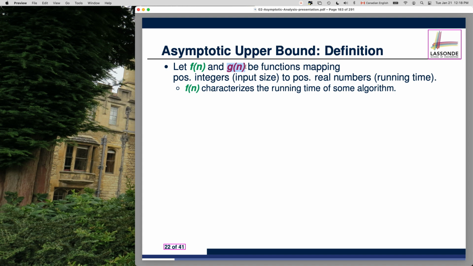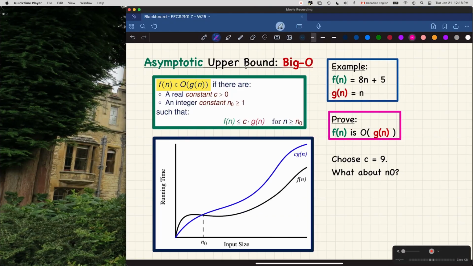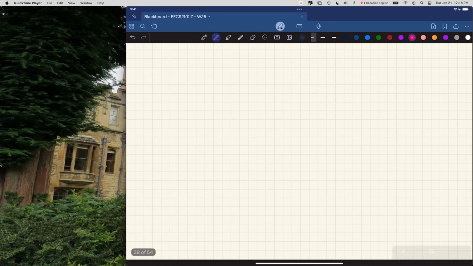Running time. And then f of n, let me now just give you some quick reminder right away. Because when you see the definition, you will see both f and g. You don't want to get confused. Let me write it here. This page here is not yet a formal definition, just a heads up. So what we have is f of n. This will be what we call the runtime function, the running time function.